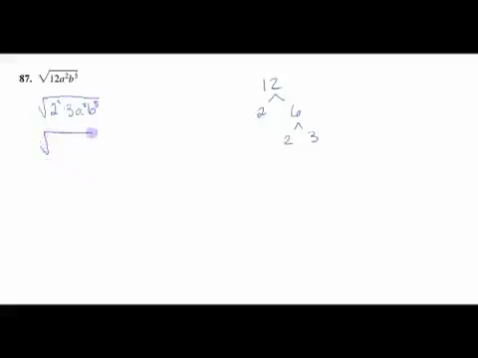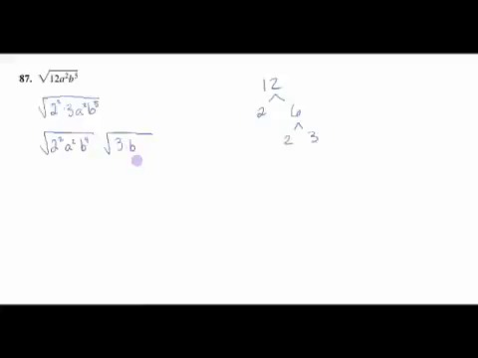Now break up into your perfect square root and your leftover square root. In the perfect, we can put 2 squared. We don't have enough of 3, so we put that in the leftover. A squared we can put in here. And with b to the fifth, I can put 4 of them here and 1 here.